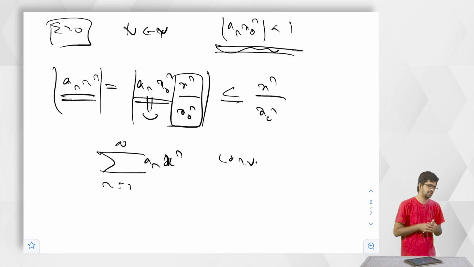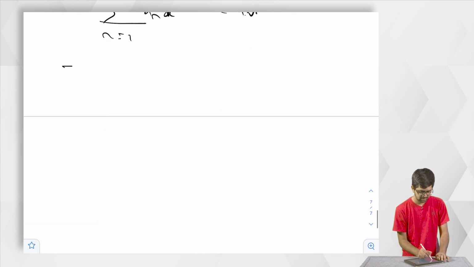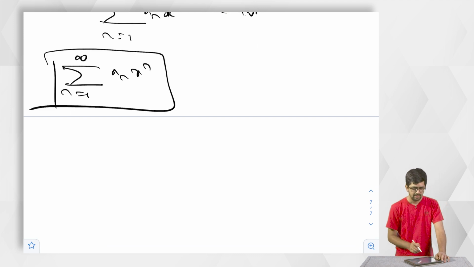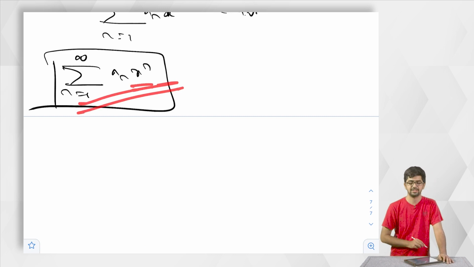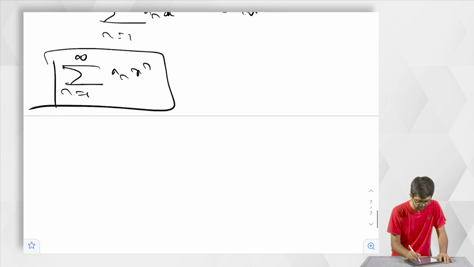So what we need to observe here is the following. Suppose I have a series summation a_n x^n. Suppose I know that for some element x this whole thing is convergent, say it is x0.